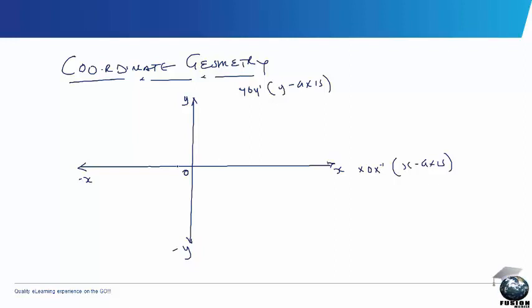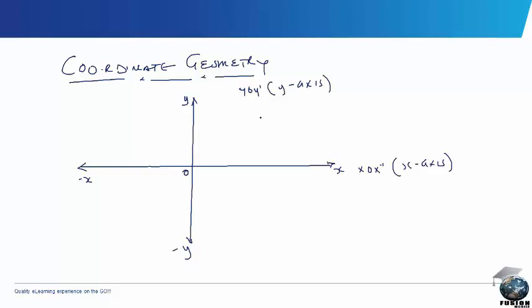The distance of a point from the y-axis is called the x-coordinate. The distance of a point from the y-axis is called the x-coordinate.